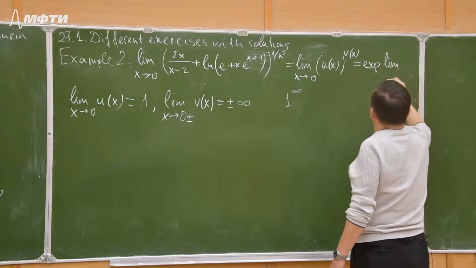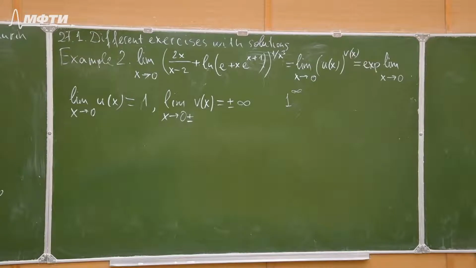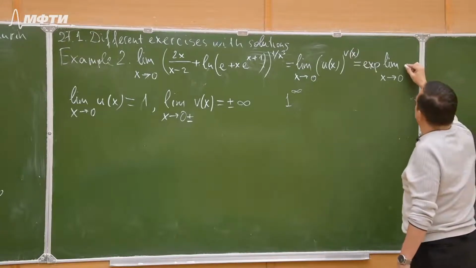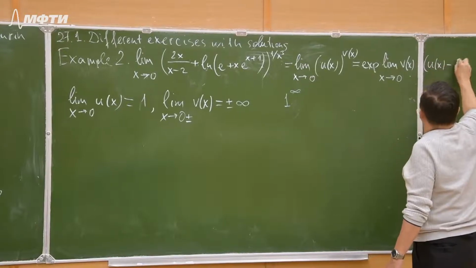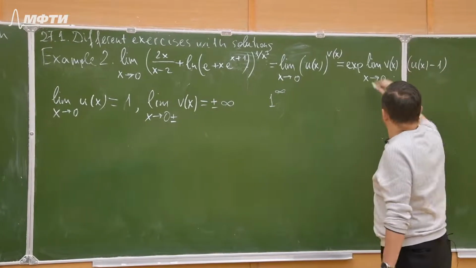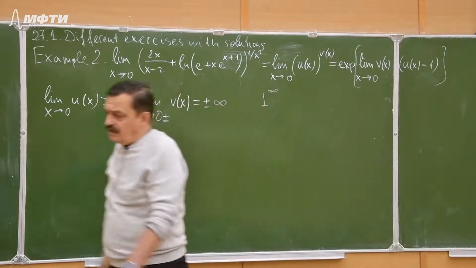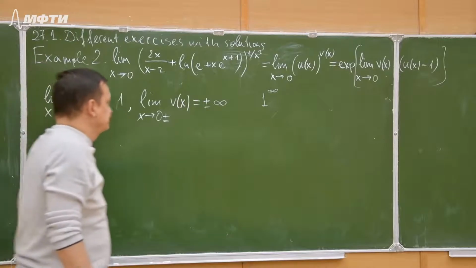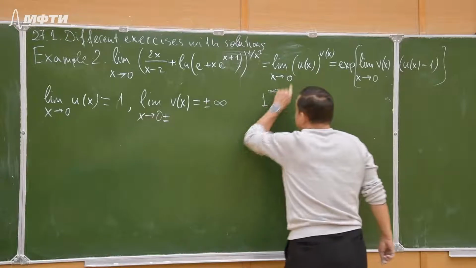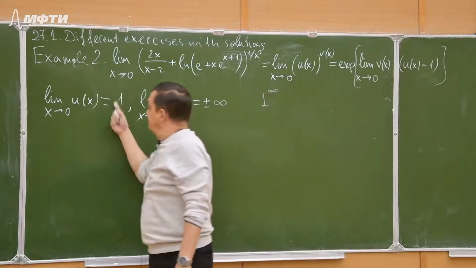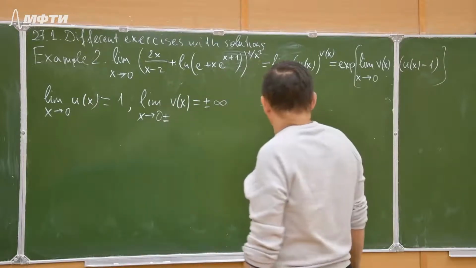There was an assertion: exponent of the limit of v of x times u of x minus 1. That is a possibility to compute limits of this kind when we have this relation for the base and the exponent.